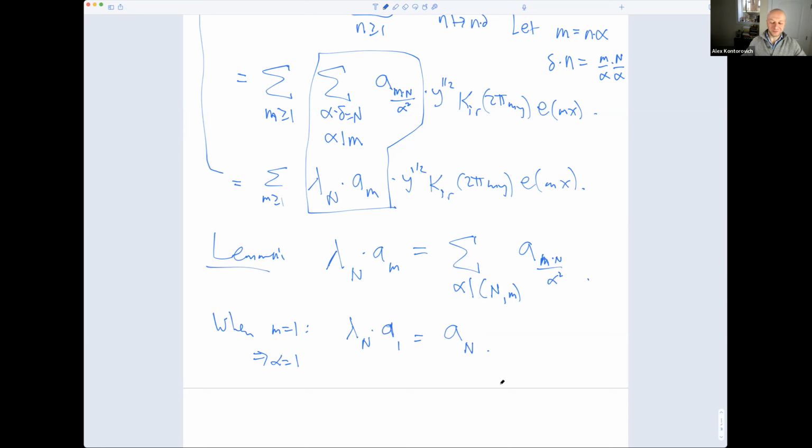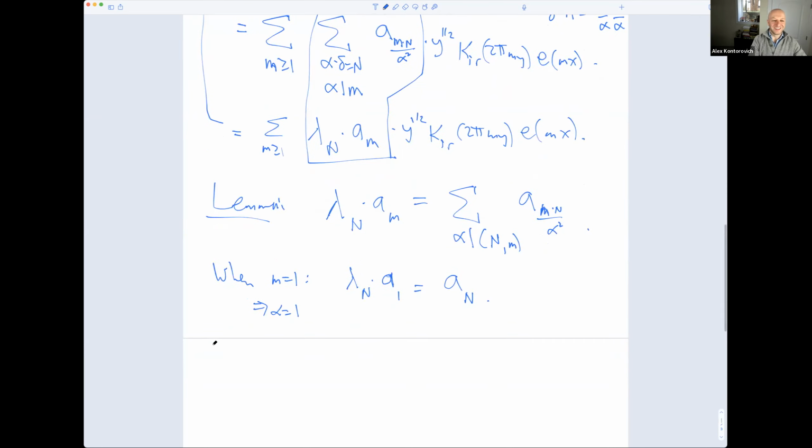This has some crazy consequences. This implies that if a1 equals 0, then a_n is equal to 0 for all n, which means, of course, that phi is equal to 0.